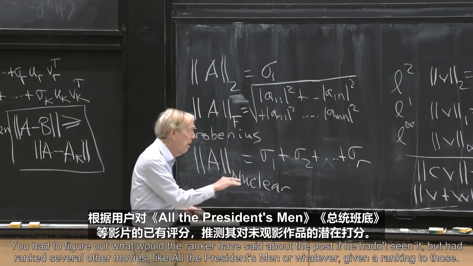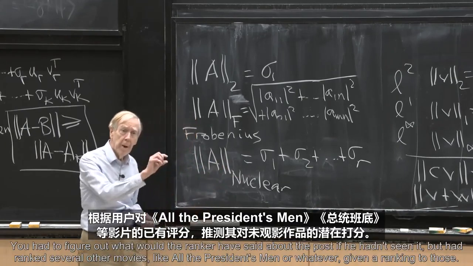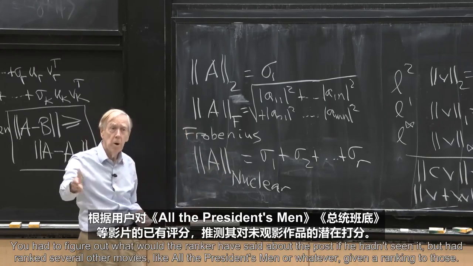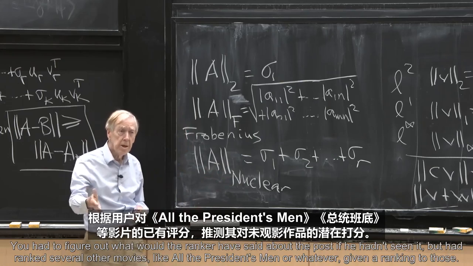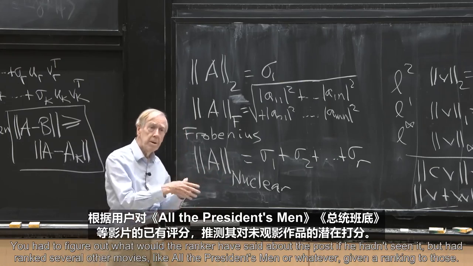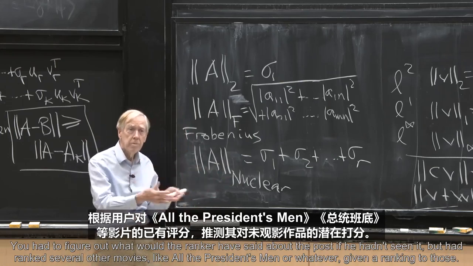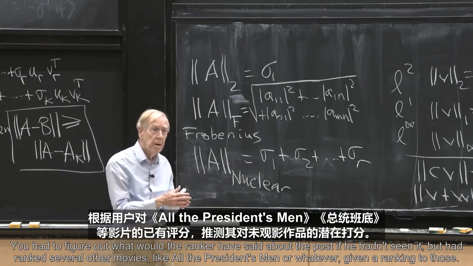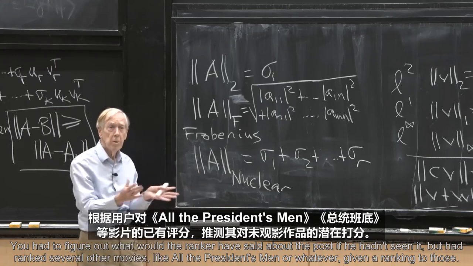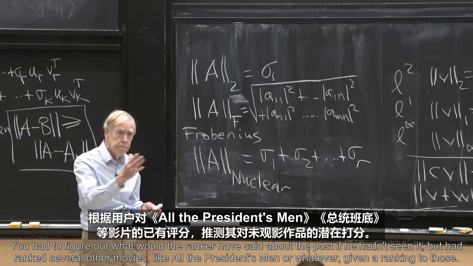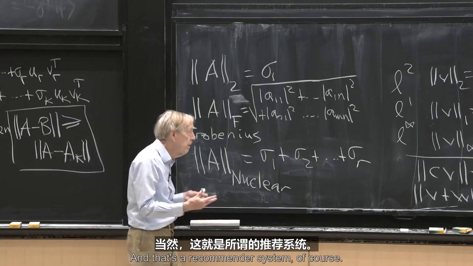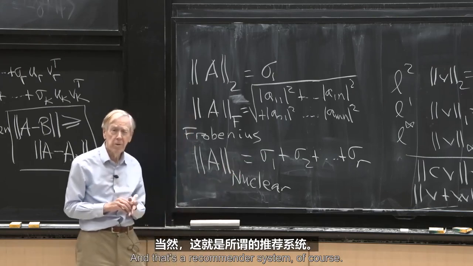You had to figure out what the ranker would have said about the movie if he hadn't seen it, but had ranked several other movies, like All the President's Men or whatever, given a ranking to those. And that's a recommender system, of course.